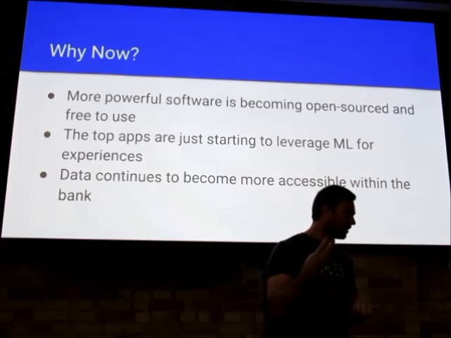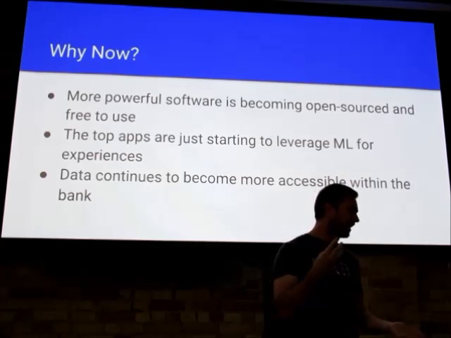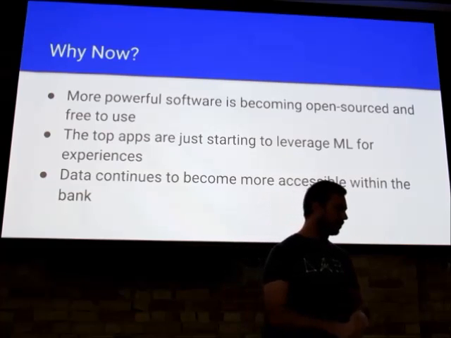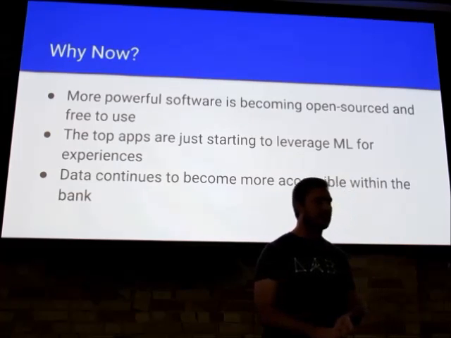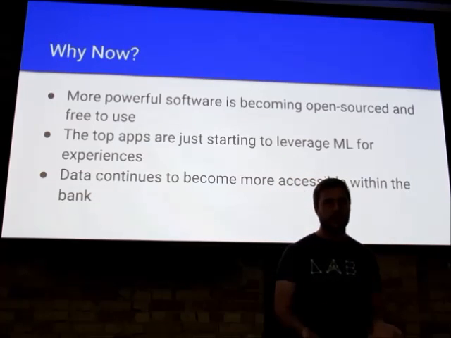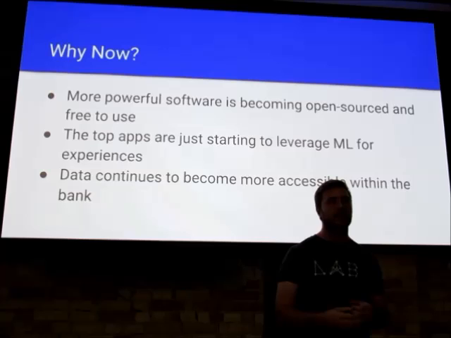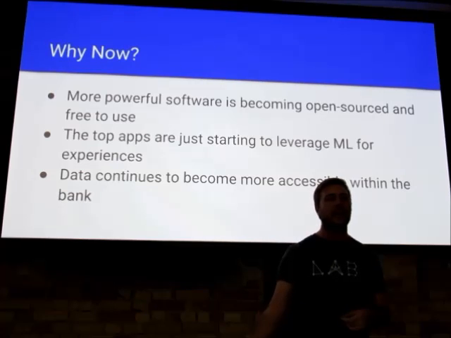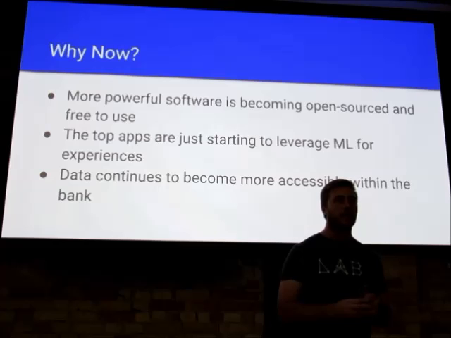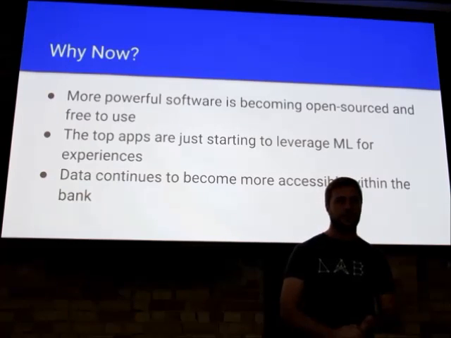And I like to boil it down to a few points. A lot of powerful software like TensorFlow, PyTorch, and even different Python libraries are becoming open source. So it's free for these companies to use, where normally we would resort to IBM, Google Cloud, or Microsoft and use one of their APIs. We're now getting the tools that they actually use in-house, made free, and we can actually contribute to them.